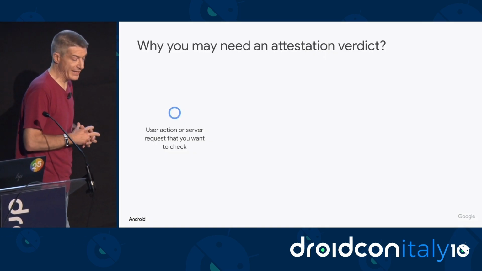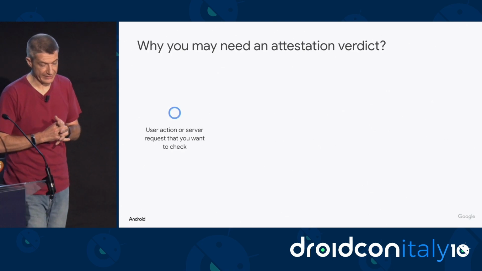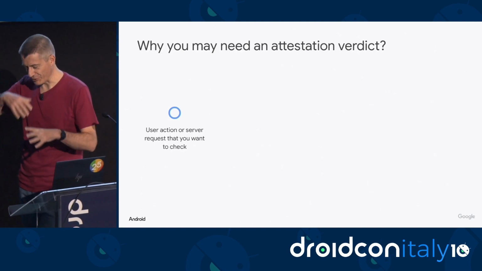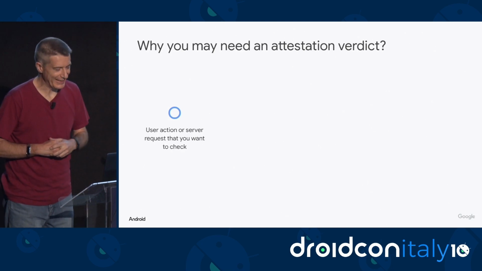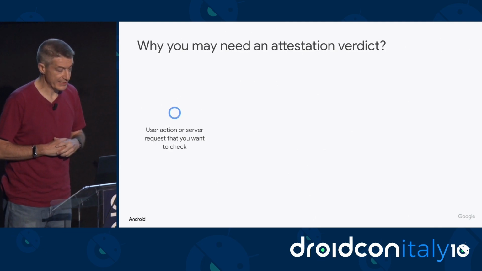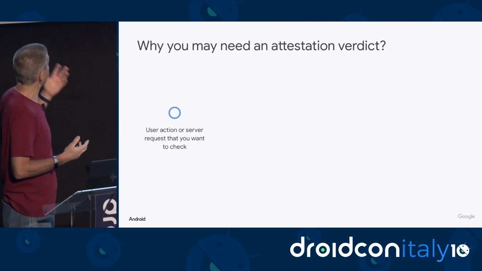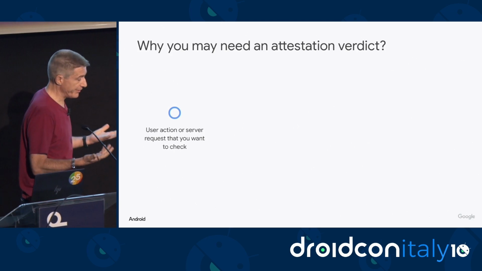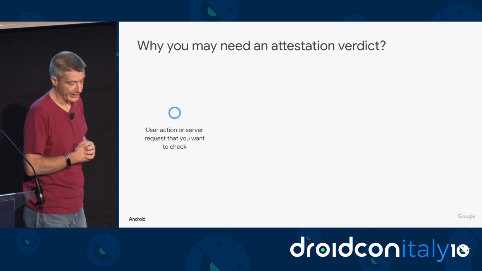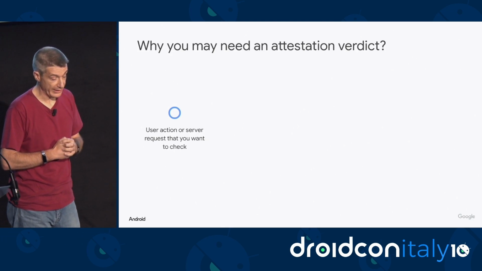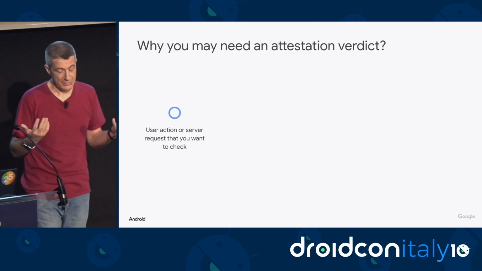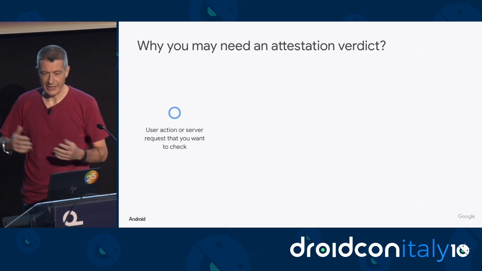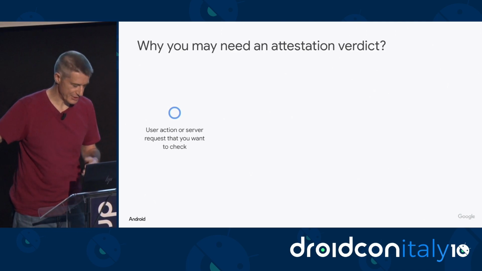Okay, why you may need an attestation verdict. We are going to see what it is, an attestation verdict. But the idea is that the user is doing something, contacting the server, and the server wants to check if this is something that can be trusted. So a user is asking, for example, to donate some coins to another user.